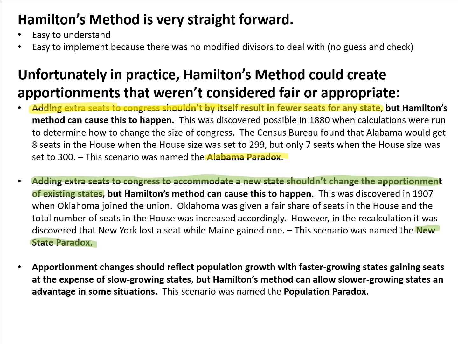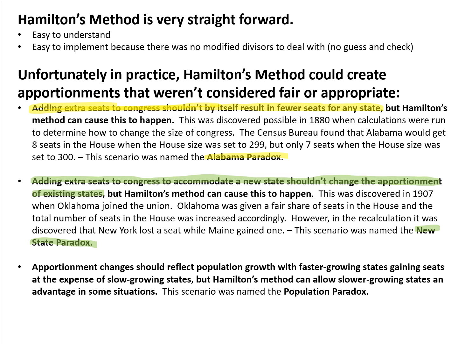They saw that if you added extra seats to Congress to accommodate a new state, Hamilton's method could actually unfairly redistribute and have certain states lose a seat and other states gain one, even though their populations hadn't changed. Again, that was just something that could have happened when you added a new state in.